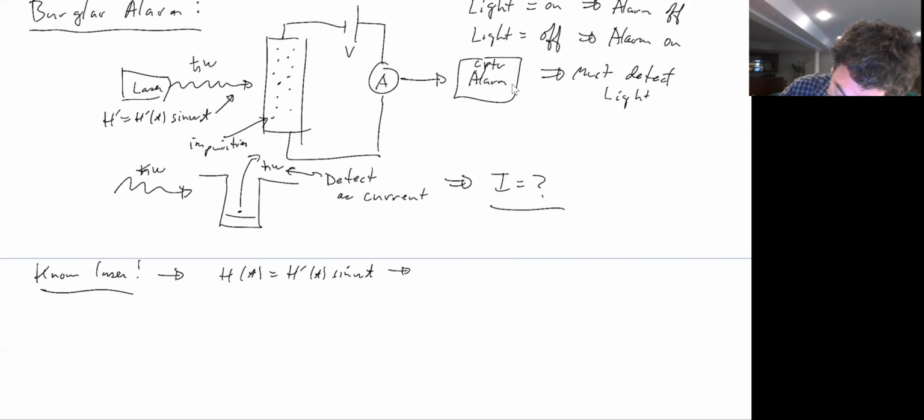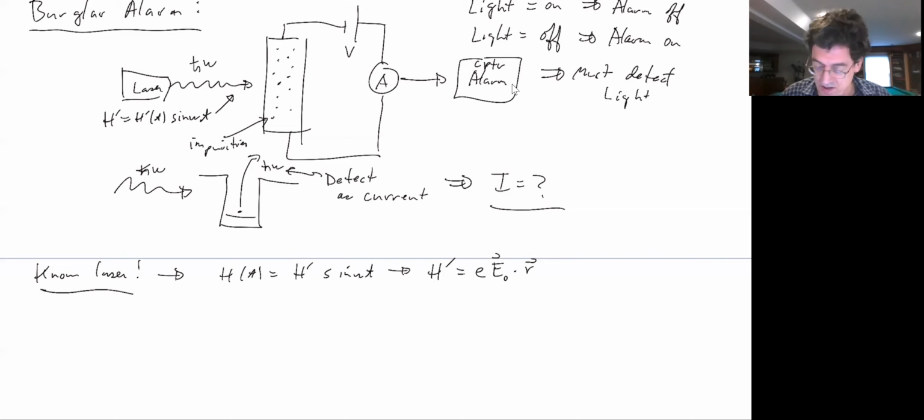It's going to be H prime sine omega t. So H prime is going to be the charge of the electron times the electric field of the laser dotted into this vector r, right? Because that's just force times distance, work. So you know the H prime, and you know the frequency of the laser.